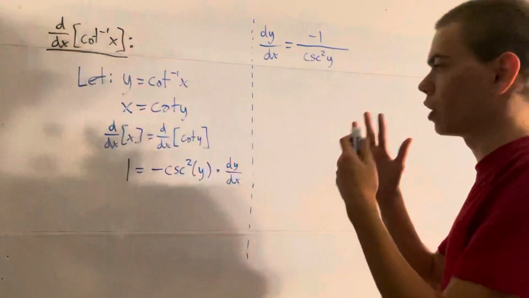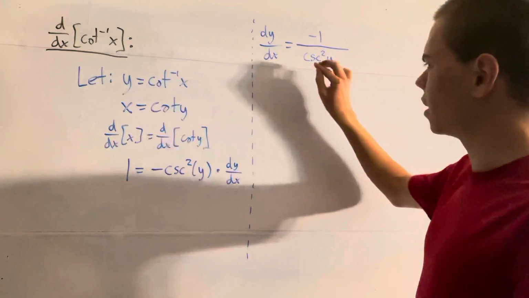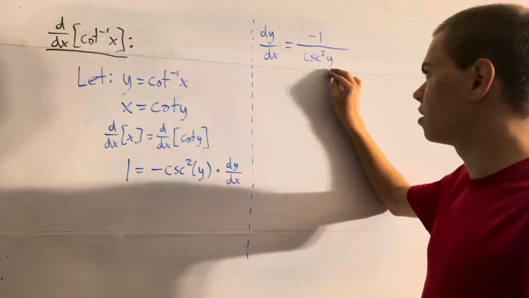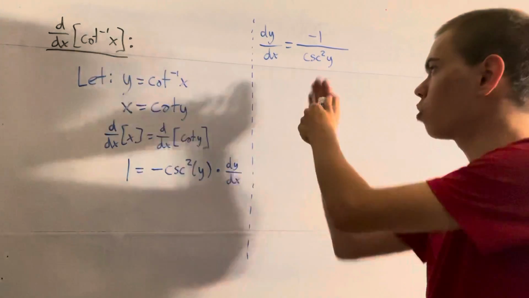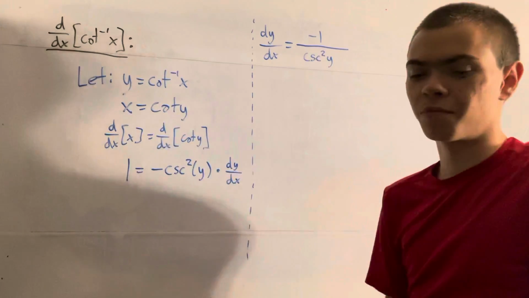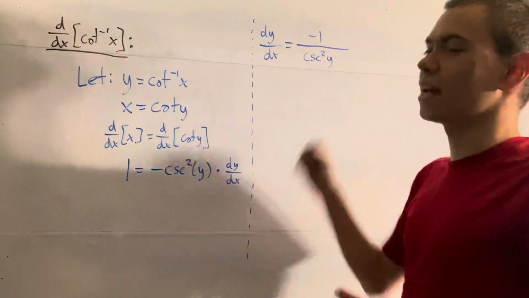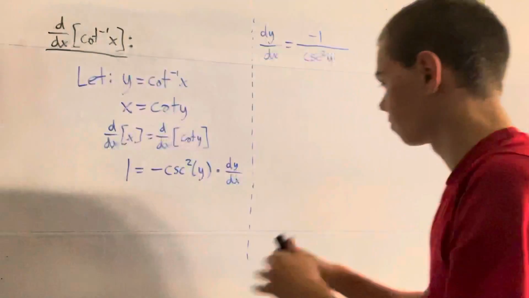And we can actually do this a way easier way. So think of it this way. If we're taking the cosecant of y, that's pretty much just treating y as an angle, because normally we take the cosecant of an angle. So we could just treat y as an angle of a right triangle. And so that's what we're going to do.